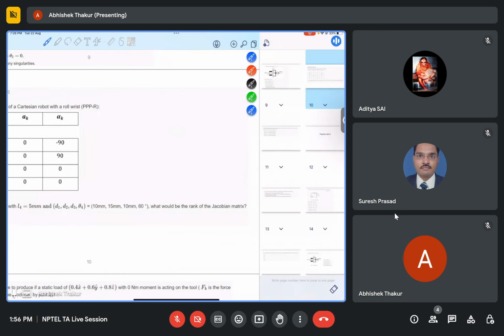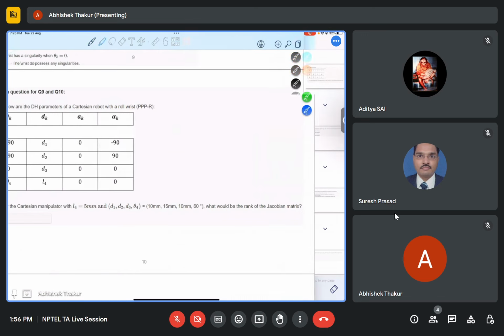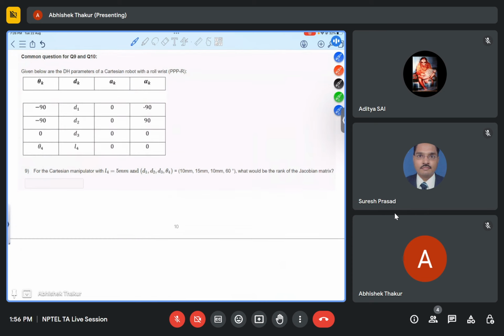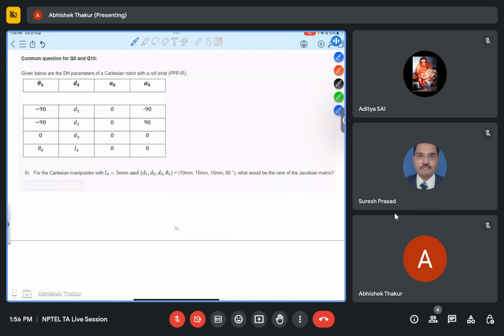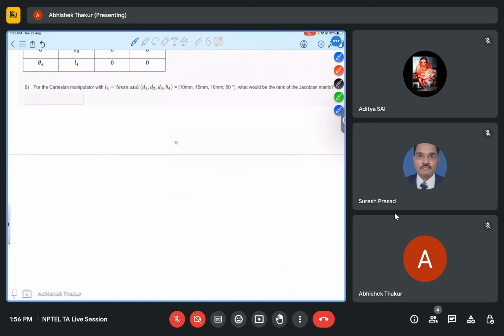Now coming to question number 9. In this question, DH parameters are given for the Cartesian manipulator, and it asks what would be the rank of the Jacobian matrix.